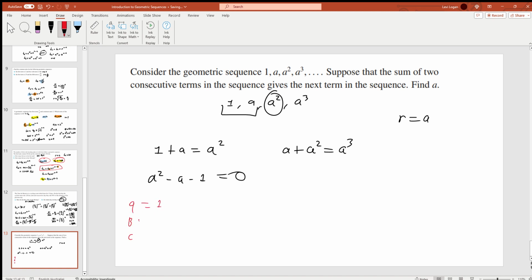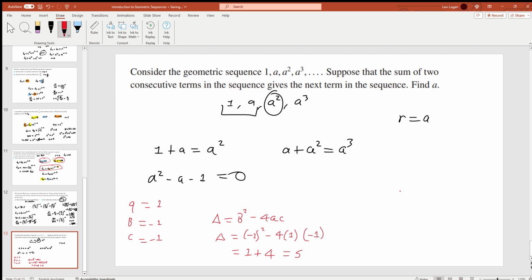So we have 1, -1, -1. So delta is b squared minus 4 times a times c. Delta gives you -1 squared minus 4 times 1 times -1. So you have 1 plus 4, so you get 5. Okay, so it's not going to be a whole number pretty much.